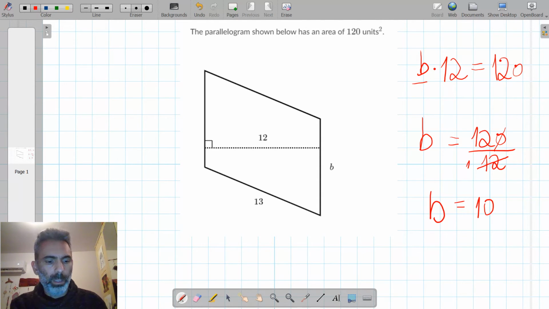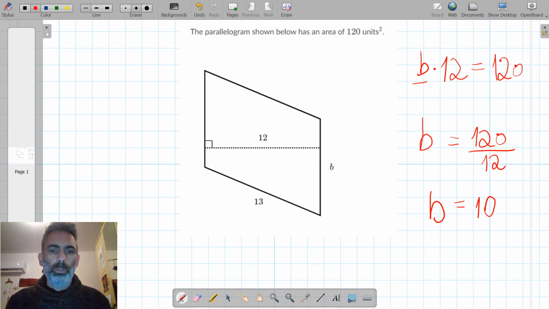By 12, not by 10. 120 divided by 12 is 10. Okay. So B equals 10.